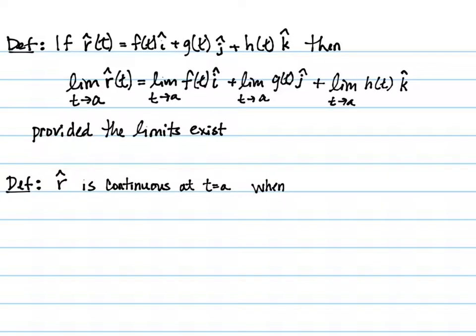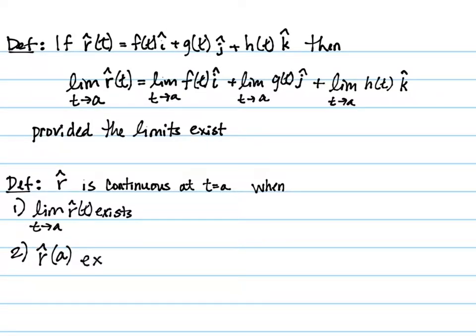The first one is that the limit has to exist. So the limit as t goes to a of r of t exists. The second thing is that the function value exists. And the third item is that the limit actually equals the function value.